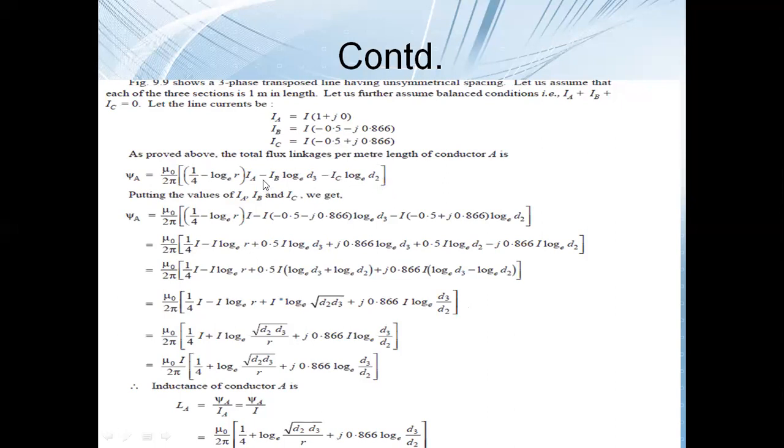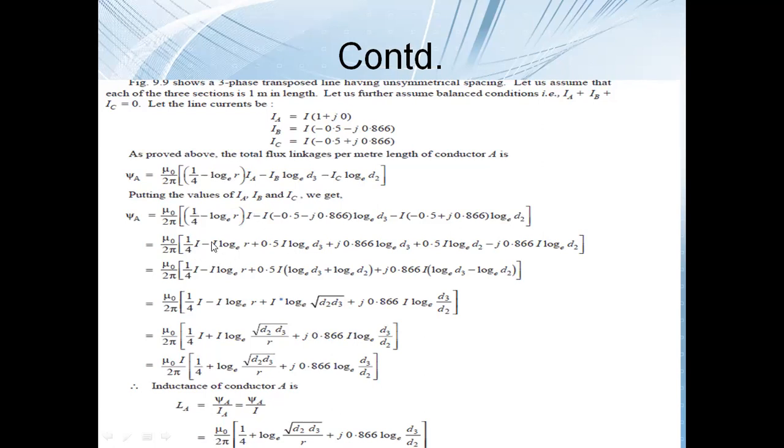Now we will substitute these values of Ia, Ib and Ic. So Ia equal to 1, which means it is I, and then Ib we have substituted minus 0.5 minus J 0.866, this particular term, into log D3. Then Ic equal to I into minus 0.5 plus J 0.866 into log D2. Okay, so now we'll separate it out.